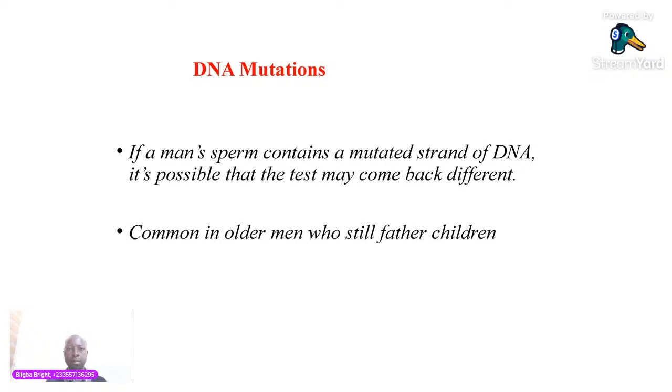As you age, past 60 years, a lot of mutation takes place in every part of the body, including the sperm. So you might think that the child is not the real child, but the child is actually the real child. The results can differ, just like I've explained. But like I said, these are rare cases. That doesn't happen often. And now there are ways to make sure that all these confounding factors are taken care of. So it does happen.